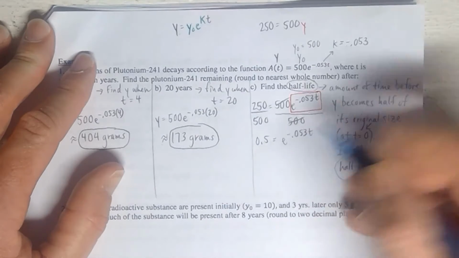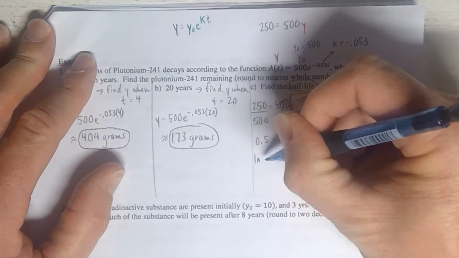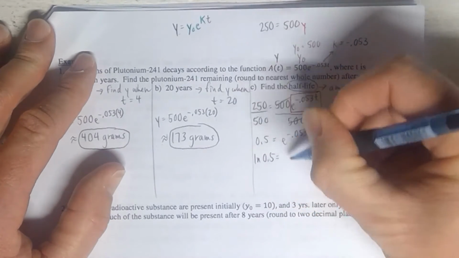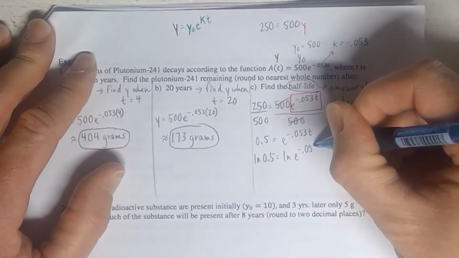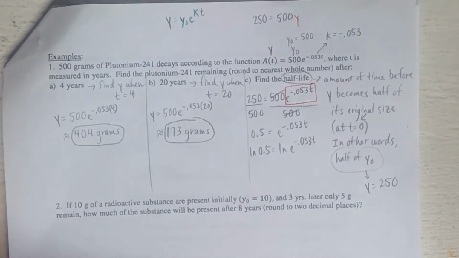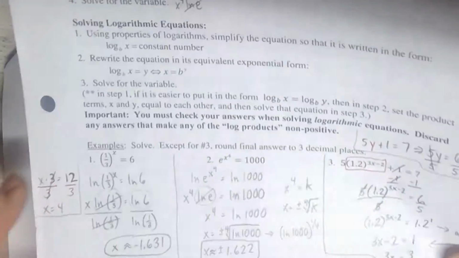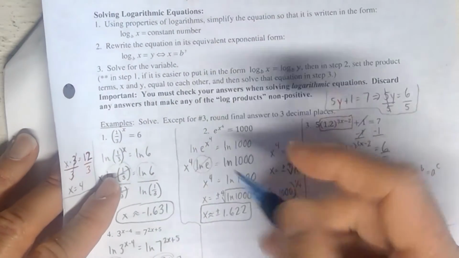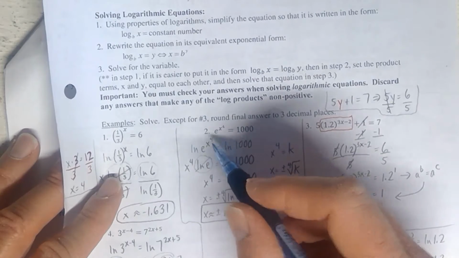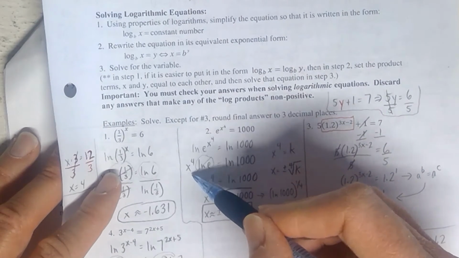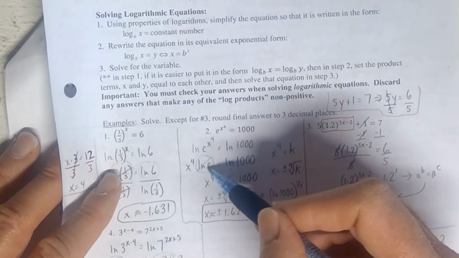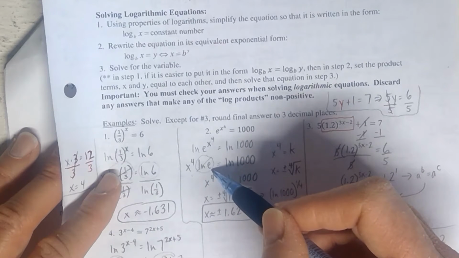Once we get the base and exponent by itself, what do we do? We take ln of both sides. Ln of both sides. And as we learned in that same section, when you have ln of e to a power, what happens is that when you move the exponent to the front, in this case x to the fourth, the ln of e then just cancels because ln of e is equal to 1.